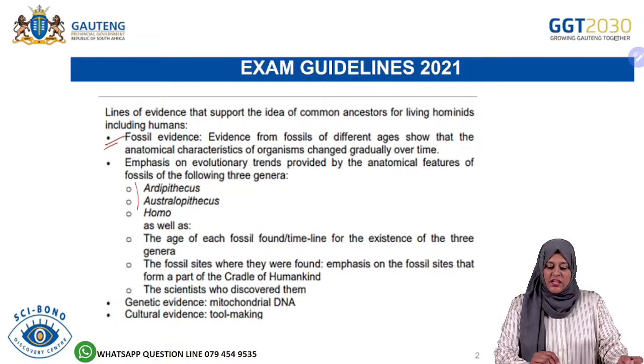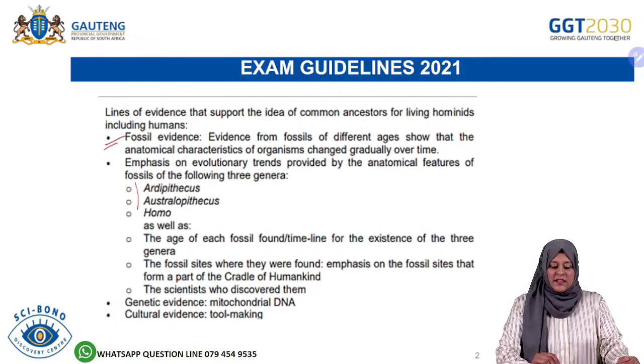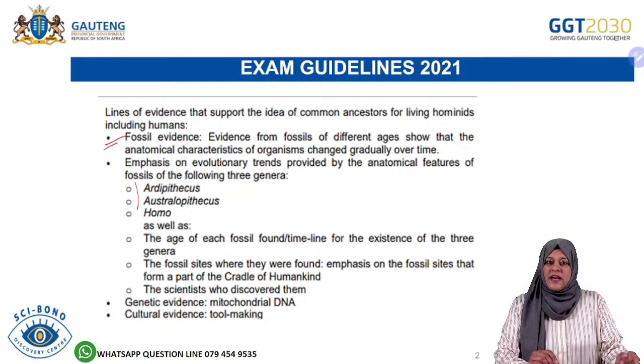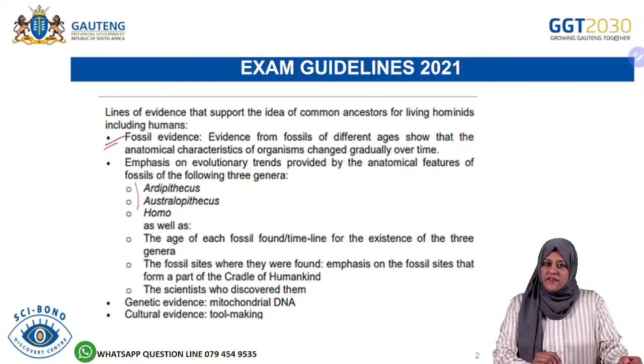We're going to look at the age of fossils and a timeline for the existence of the three genera, and the fossil sites where they were found, with emphasis on the fossil sites that form part of the Cradle of Humankind, which is in South Africa, and the scientists who discovered them.